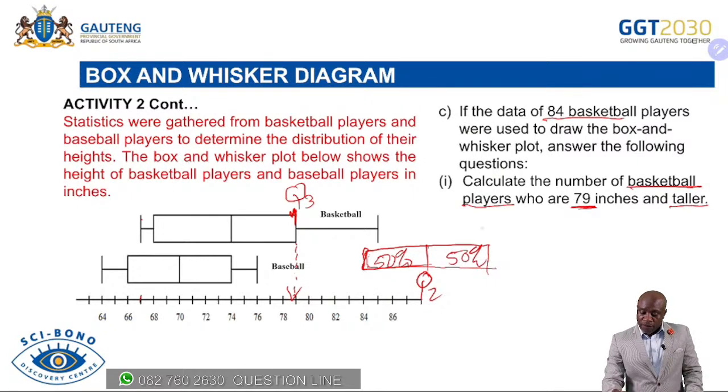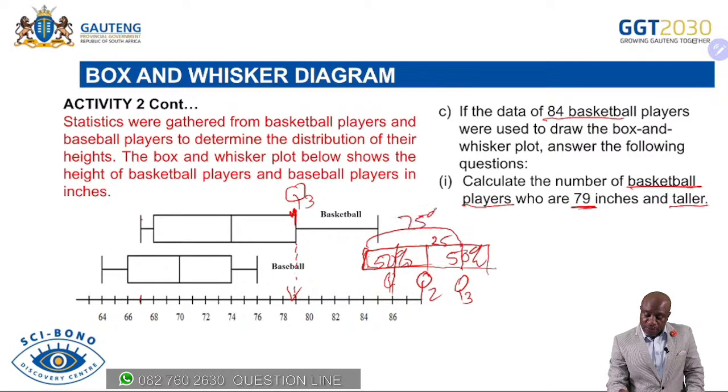And then if I divide the second half of the 50%, I get Q3. Now, that means this is now 25% and this is 50%. If I subdivide again there, I'll get Q1. So I've divided my data into 4 parts. So from here to there, it's going to be 75.